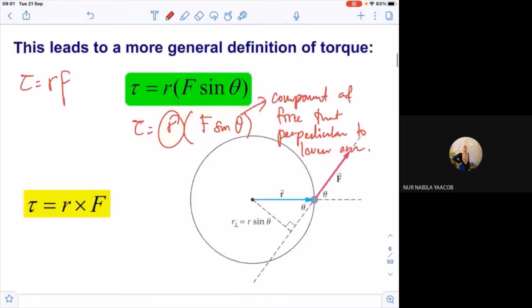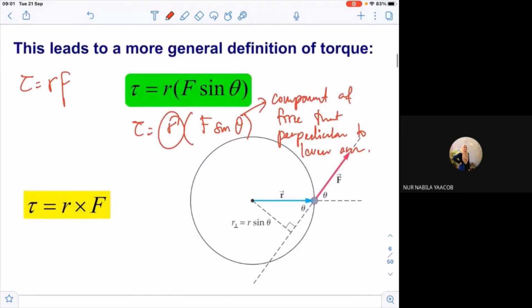If you look carefully, if there's a circle over here, this is your R, and this is your force, and the theta is between the force and the lever arm. You can measure this, and you will have F cos theta, and this one is F sine theta.